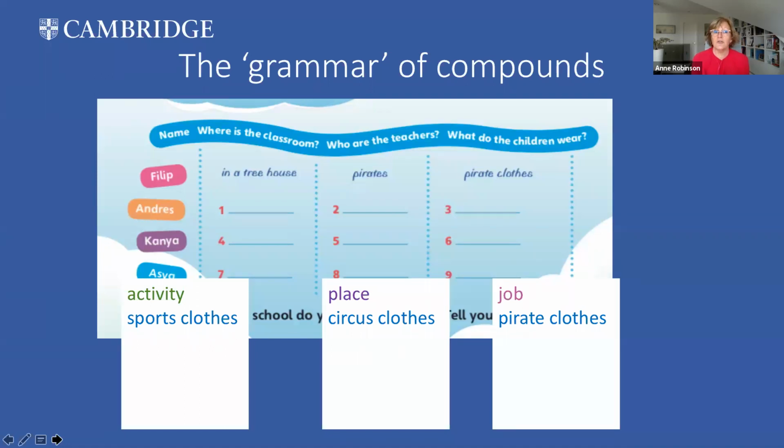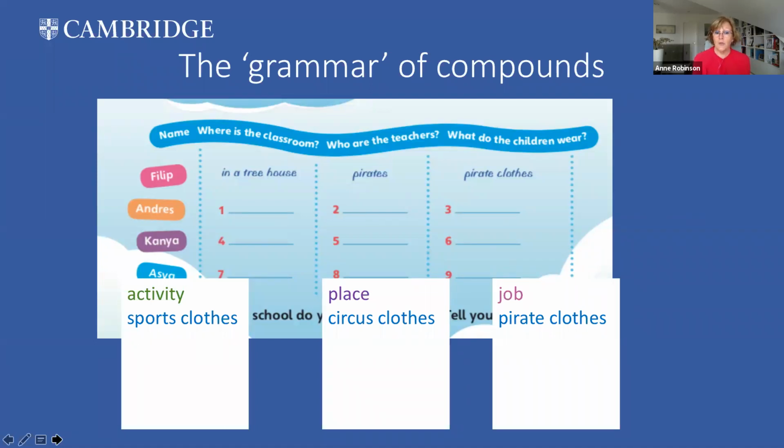Okay, so if you think of a fire officer's uniform or a police officer's uniform, then you've got the first word tells you what the person does or where they work or what activity they do with the clothes in this example.